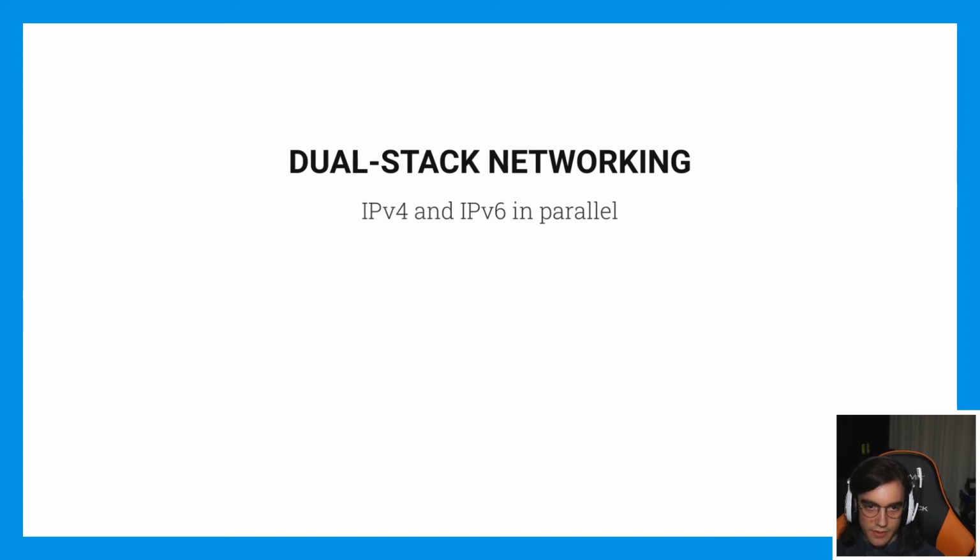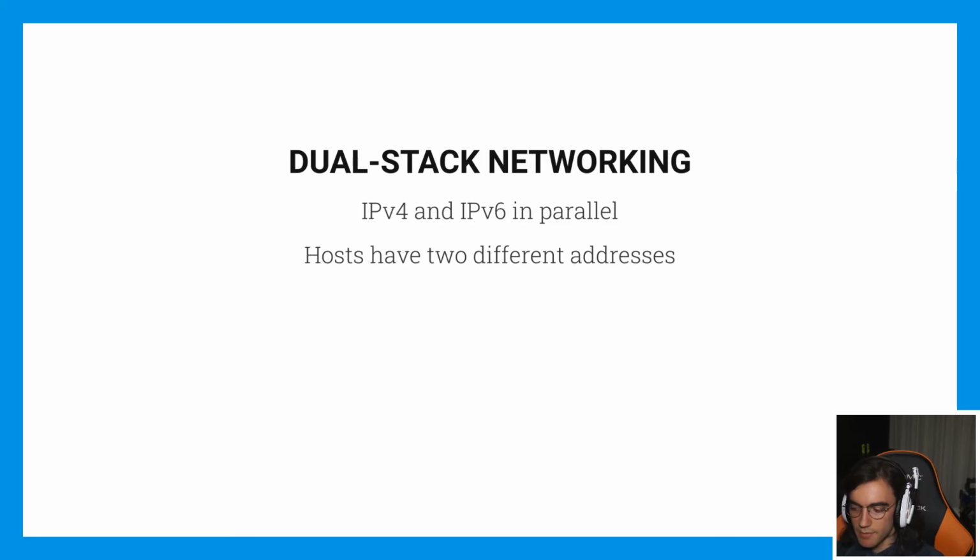Dual stack basically means that you're running the IPv4 network stack and IPv6 network stack in parallel. It's the most straightforward and easy path in my opinion, because you can just run both protocols in parallel. All of your software will prefer to connect over IPv6 by default, and whatever doesn't support IPv6 for any reason will just fall back and use IPv4.